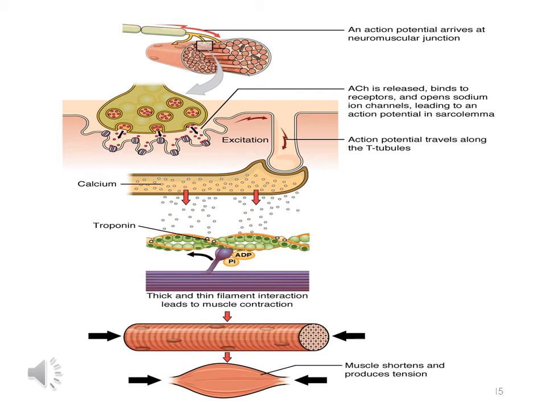Okay? When this happens, the muscle is shortening, and this is going to produce tension or pull, we might say. And when we get this movement or this contraction, this shortening of the muscle, it's important to understand that we are overcoming a load or resistance. So think about a bicep curl.